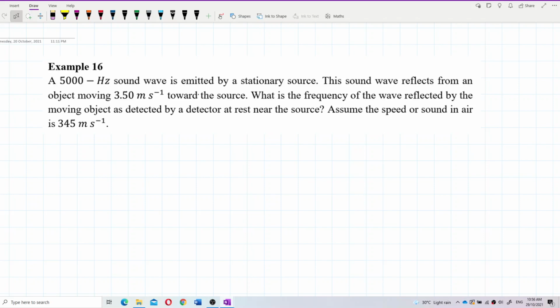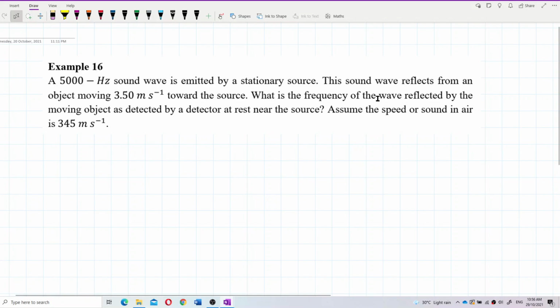Okay, now let us look at this question. A 5000 Hz sound wave is emitted by a stationary source. This sound wave reflects from an object moving 3.5 meters per second towards the source.